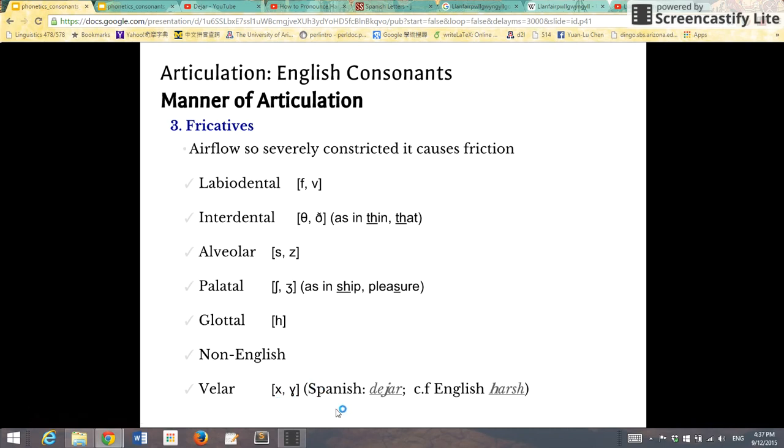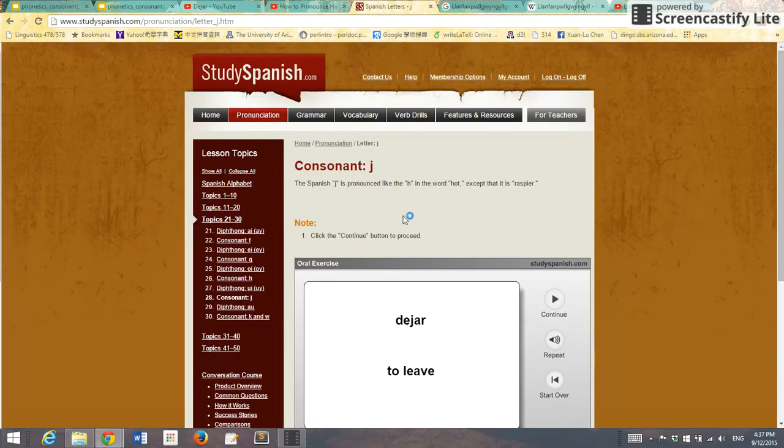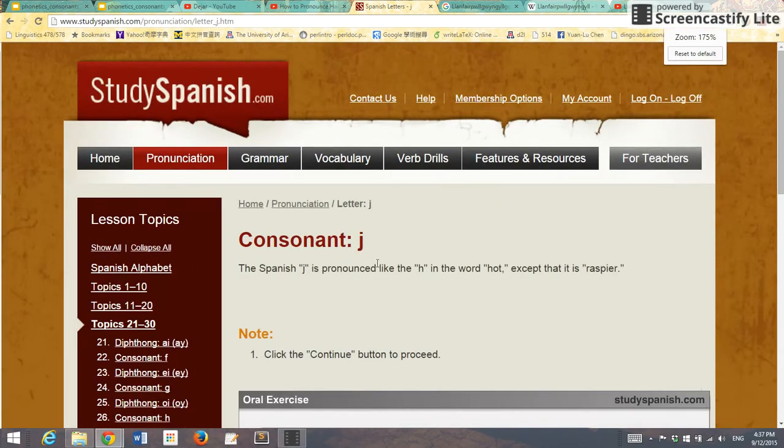This is another advantage of learning IPA. I'm going to show this. So we have a Spanish learning website. I just found this here. This website is trying to teach you how to pronounce the J sound in Spanish. Okay.